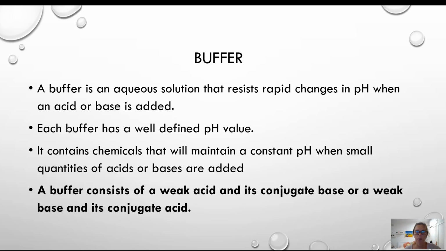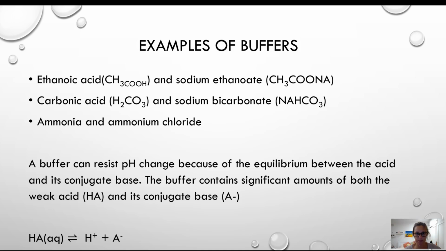Each buffer that we have has a well-defined pH value. We'll look at those a little bit more when we do our prac. What actually happens is it contains chemicals that maintain that constant pH when small amounts of acid or base are added. Usually our buffer either consists of a weak acid and its conjugate base, or a weak base and its conjugate acid.